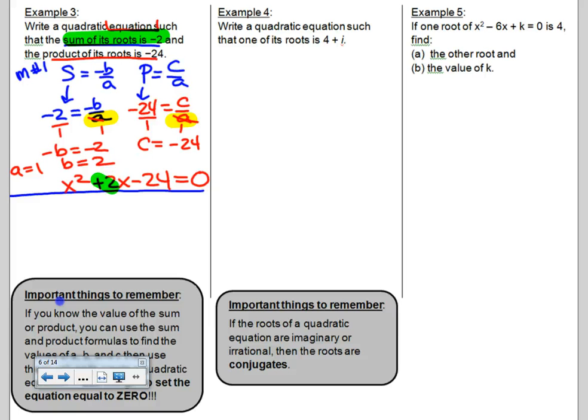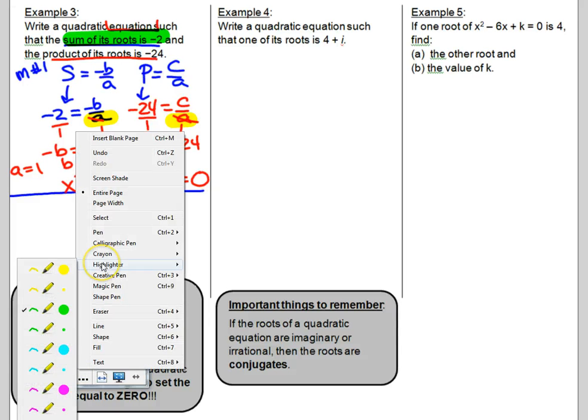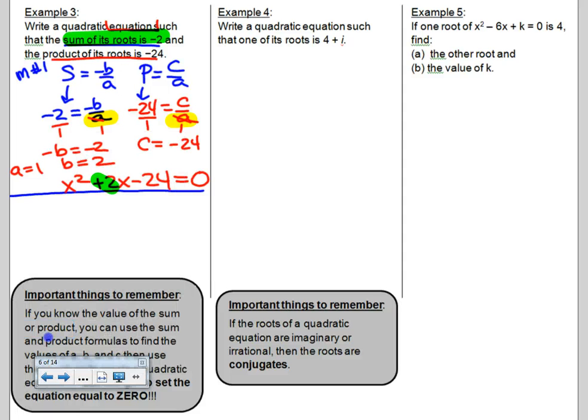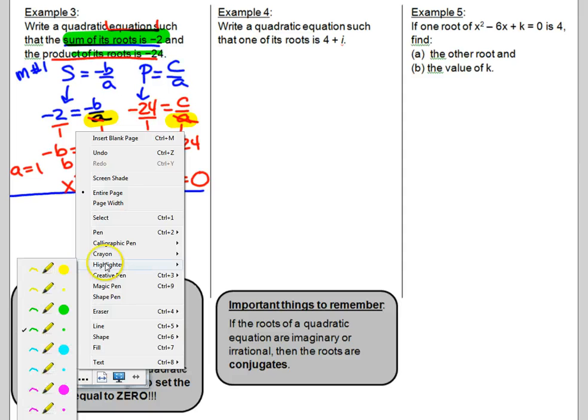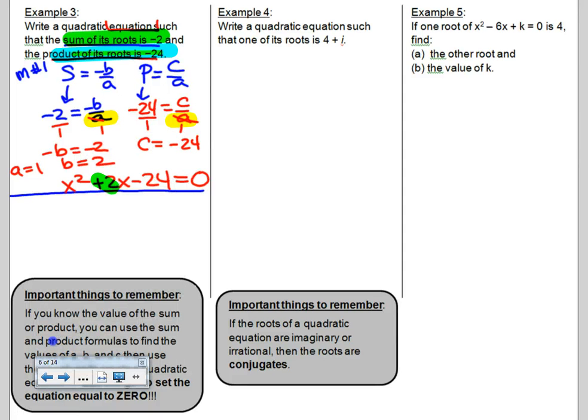And if the product of the roots is negative 24, then you know that the C value is actually going to be a match. And so you get really good at these if you just notice that these basically make opposites. And these are the same. And that works if A is 1. And you can do an equation each and every time like that.